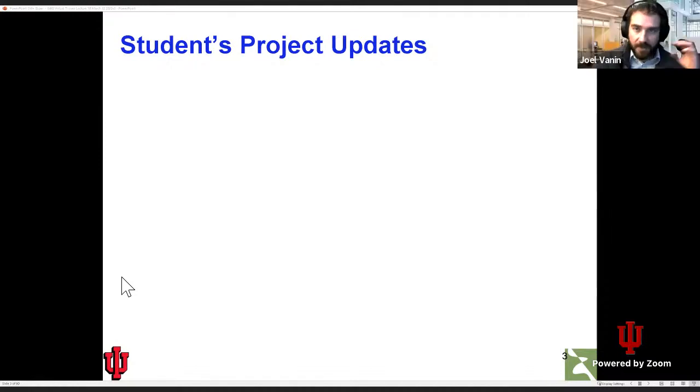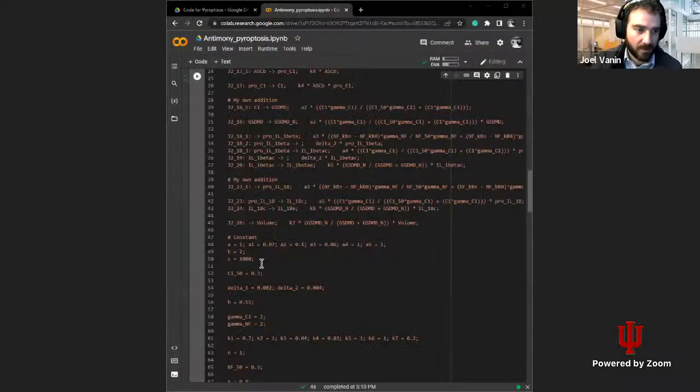Yes, I finally could get the Antimony to start running with the equations. Let me just, I'm running it here. It takes a moment. Let me share. Okay.